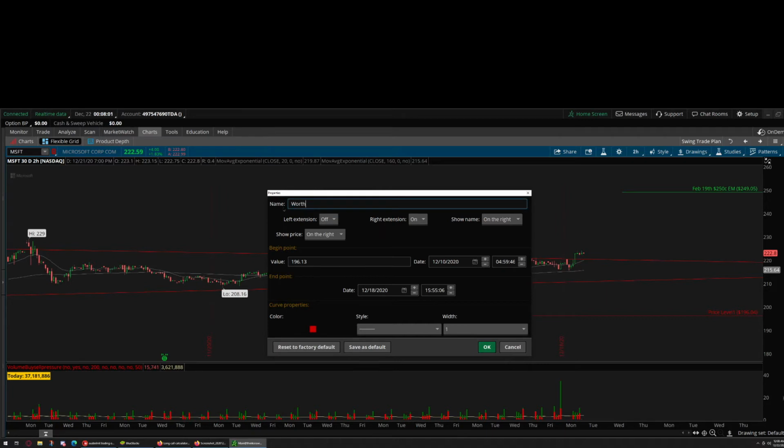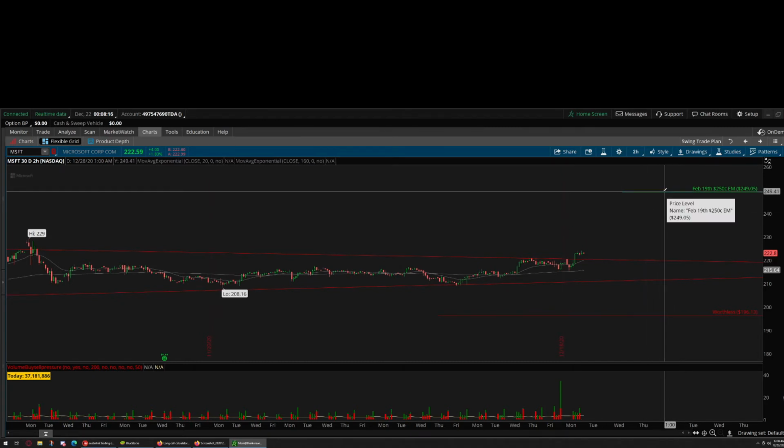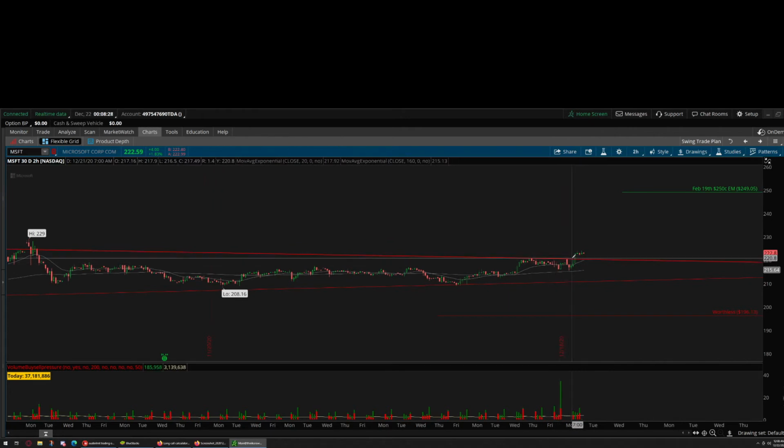If that happens, this position is worthless. So these are your two biggest expected move ranges for the specific contract. Again, any contract, the math is going to come out to very, very roughly the same. This math is done for this exact specific contract, the $250 call for February 19th.